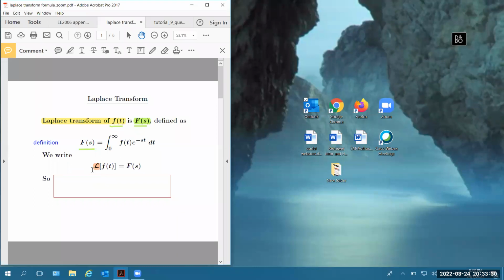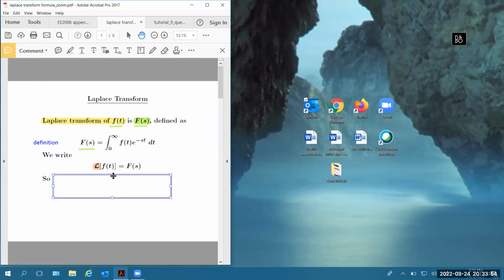So when you write L{f(t)}, the meaning of this is you take the Laplace transform of f(t), and we already know that the outcome is capital F(s). So the variable is changed from t to s.